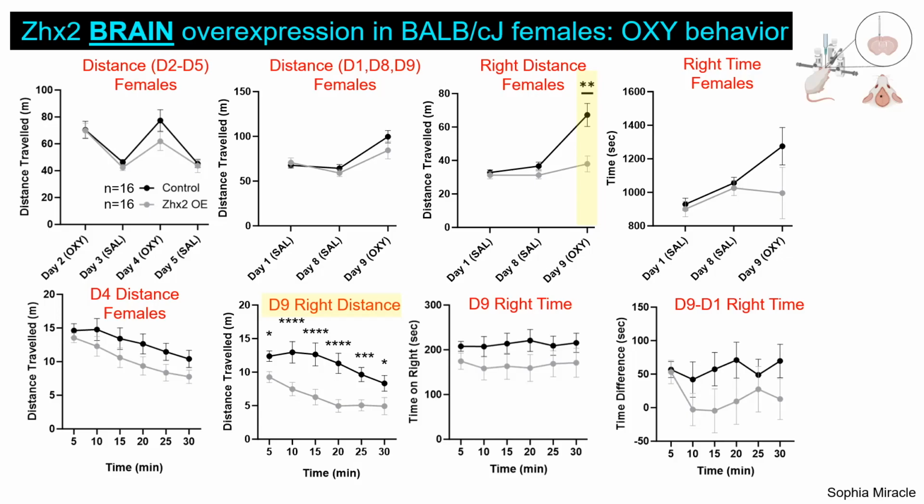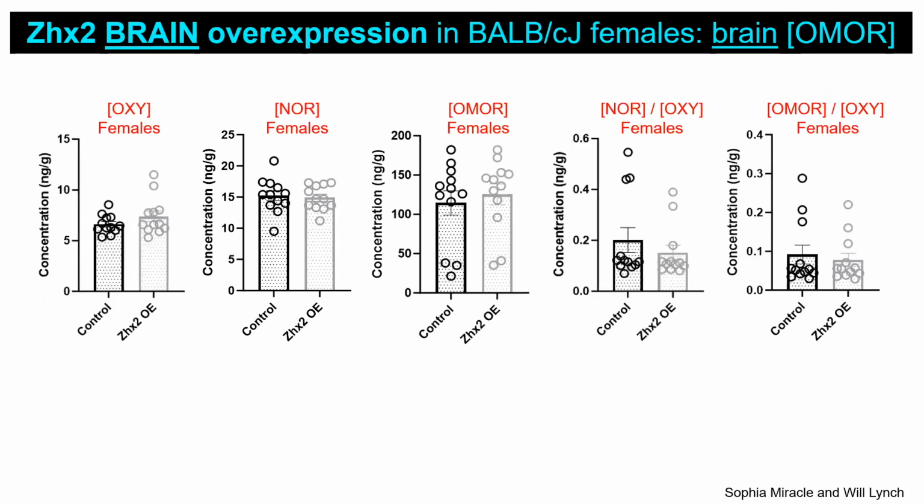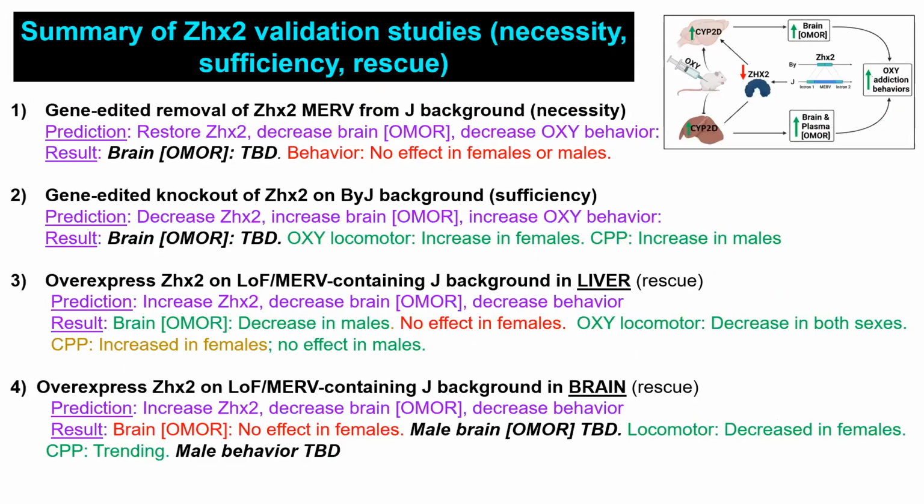And indeed, with the acute injection during training, we also see a reduction. So this does support our hypothesis that we originally generated. And then again, looking at OMOR levels in the brain, we do not see any statistically significant differences or even trends in these metabolite levels, so failing to support our hypothesis.